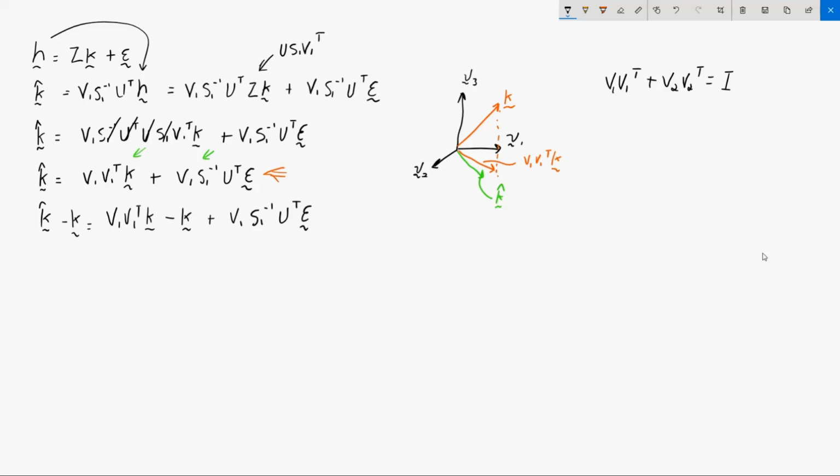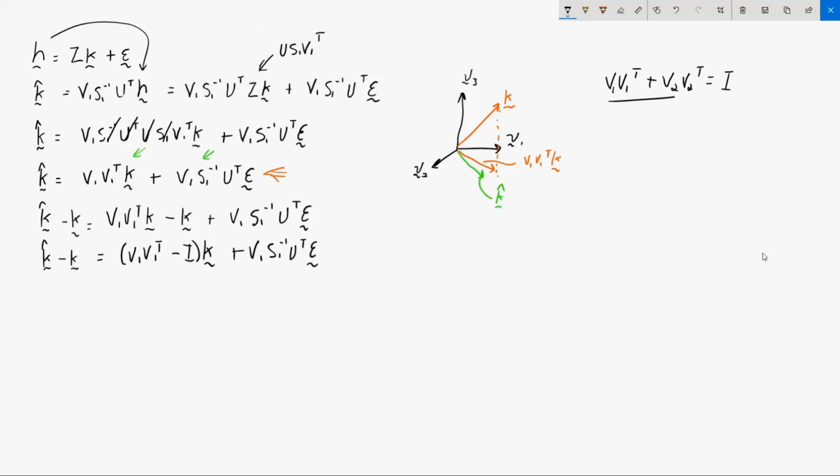Coming back to this equation, I'll rewrite it as k hat minus k equals V1 t minus I, k, plus V1 S1 negative 1 U t epsilon.